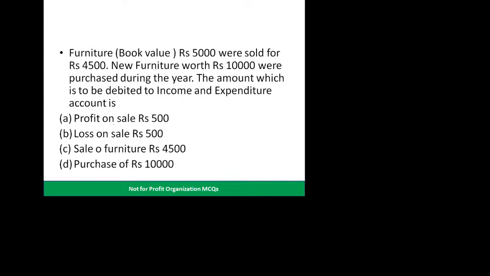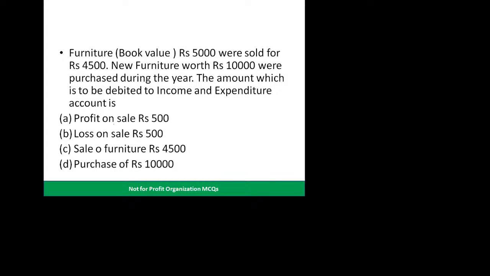Furniture of book value 5,000 rupees was sold for rupees 4,500. New furniture worth rupees 1 lakh was purchased during the year. What amount has to be debited to the income and expenditure account? First we should know the book value. The book value is rupees 5,000, but the sale value is 4,500.